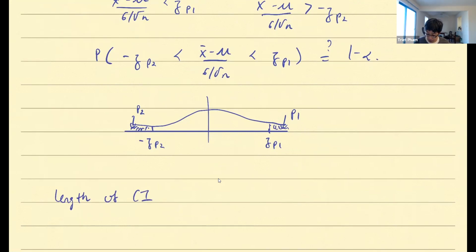For example, if you have confidence interval 1 and confidence interval 2, both 1 minus alpha, but the length of 1 is less than the length of 2, and suppose they have the same flavor, then which one do you prefer?